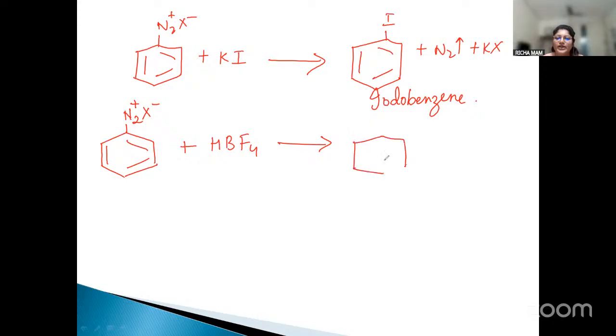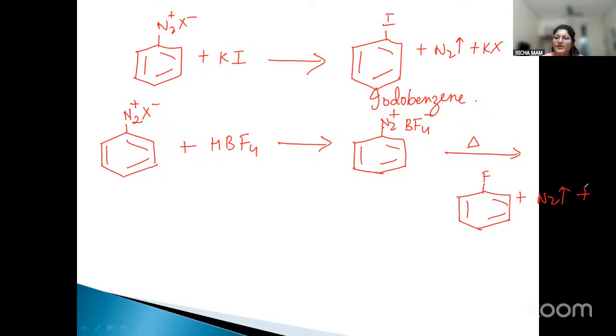I am going to get first N2+ BF4-. When you further heat it, I am going to get fluorobenzene plus N2 gas is liberated plus BF3.